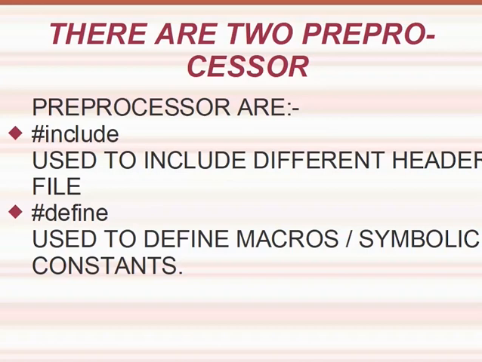The different header files like stdio.h, string.h, math.h, and many more are there. The next is define. Define is used to make symbolic constants, which you are going to see in an upcoming video: what is the purpose of define and how to apply it in your program. The most important thing here is to understand include. What is the purpose of include? Moving further.